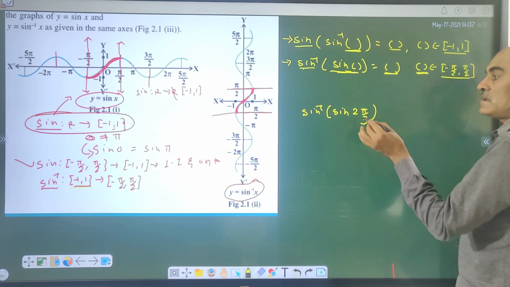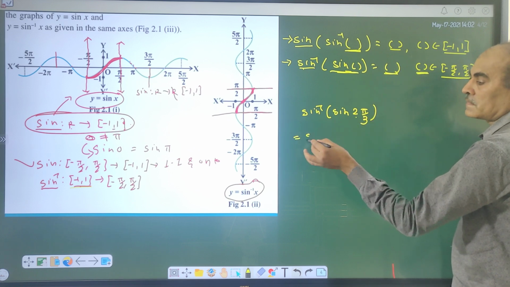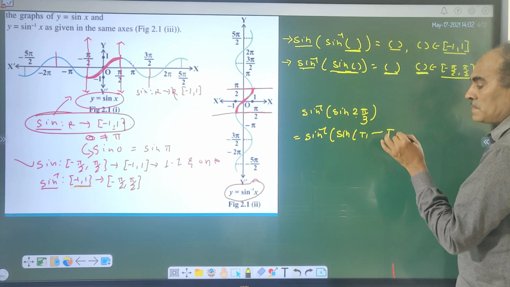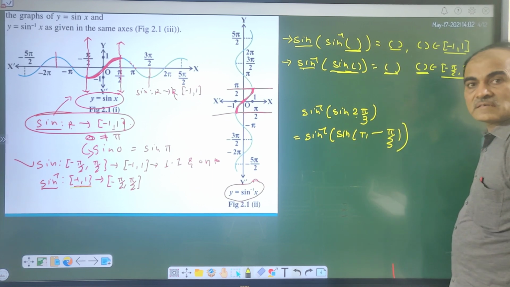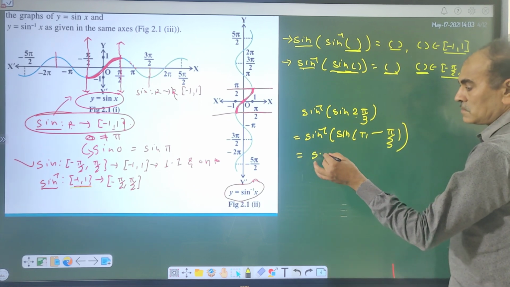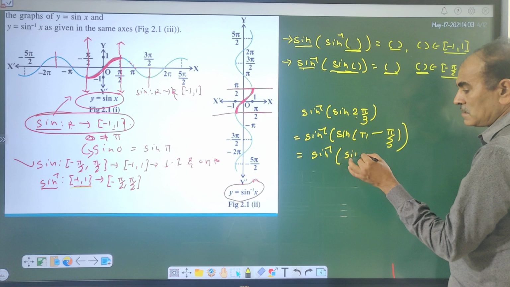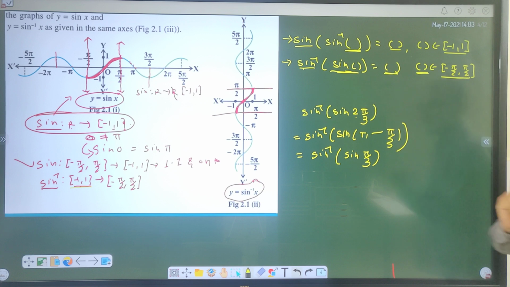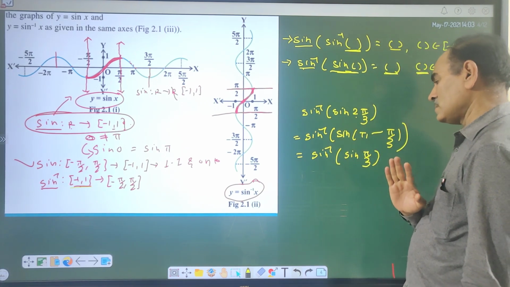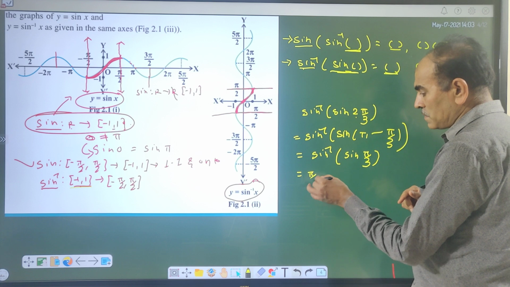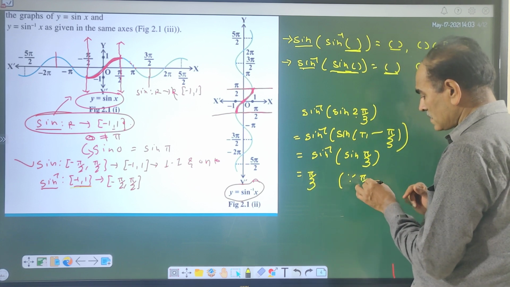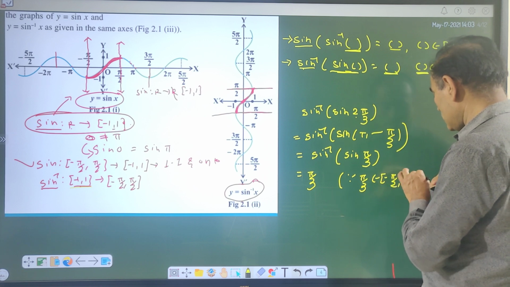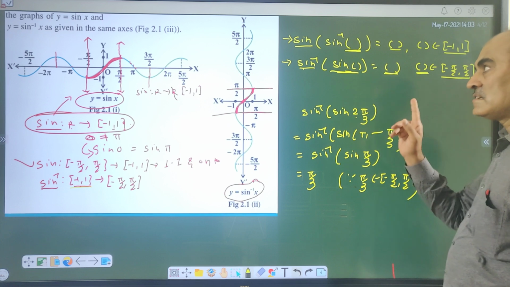In that case, we need to simplify this without changing the function. So, write sine of pi minus pi by 3. Yes. So that is equal to sine inverse of sine pi by 3, because pi minus is in the second quadrant, and in the second quadrant the sine function is positive. Now we can write that it is equal to pi by 3, because pi by 3 belongs to the closed interval minus pi by 2 to pi by 2. Is it clear to all of you?